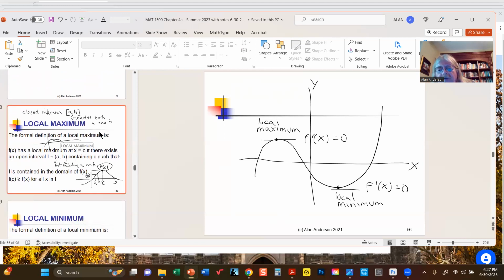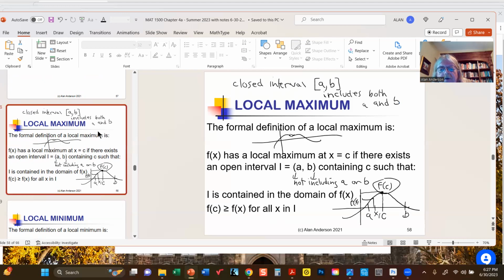Now, here's the formal definition of a local maximum. f of x is a local maximum at x equals c if there exists some interval a to b containing a point c such that f of c is greater than f of every other value in that interval.